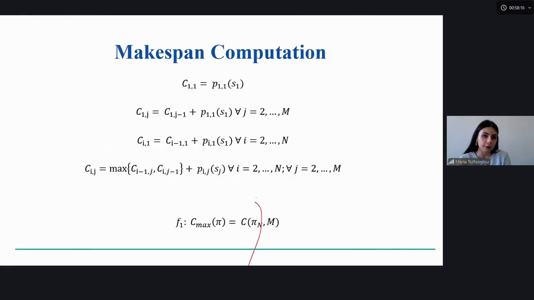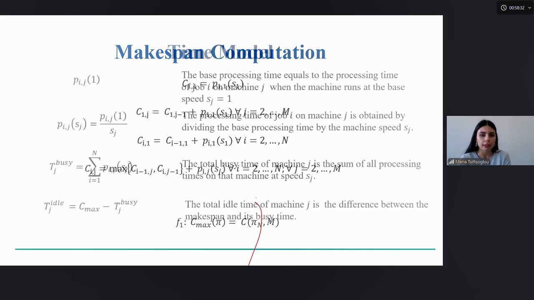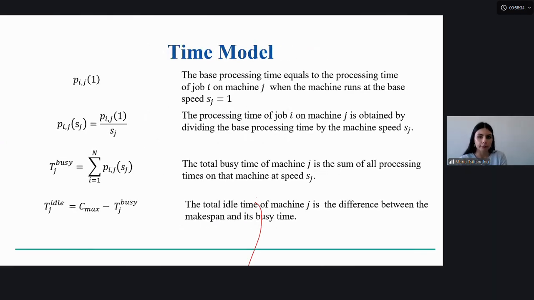Here we define the makespan, meaning the time that the last job finishes on the last machine. Computing this formulation, we can calculate our first objective, which is the makespan. The base processing time is the time when the machine runs at the base speed.